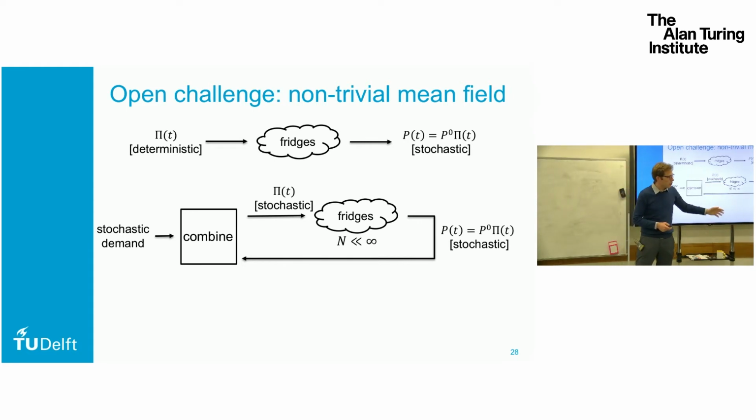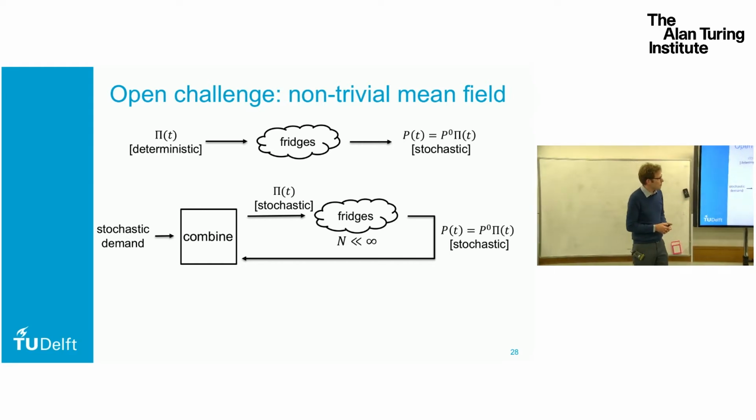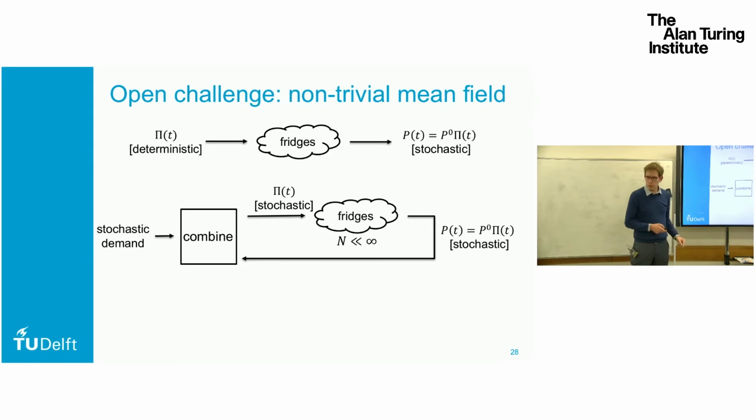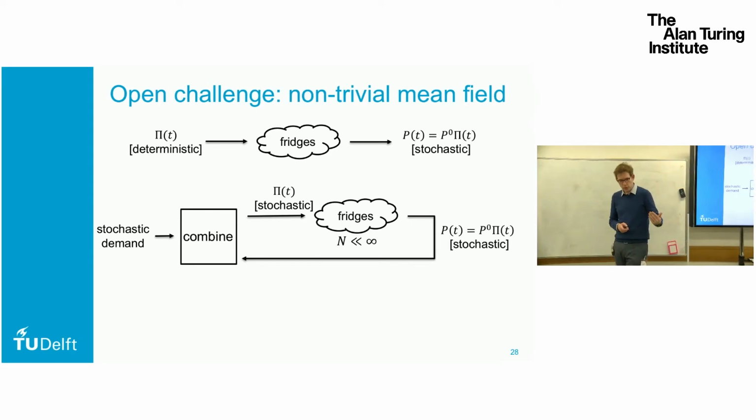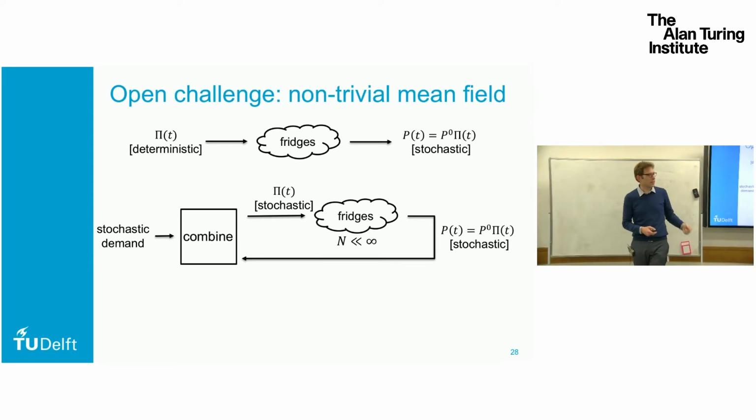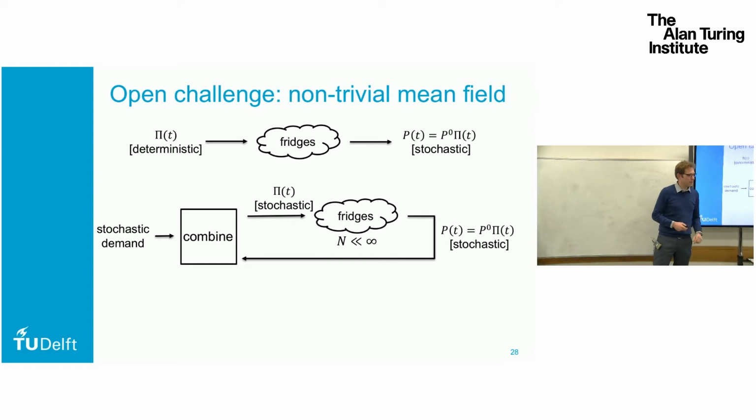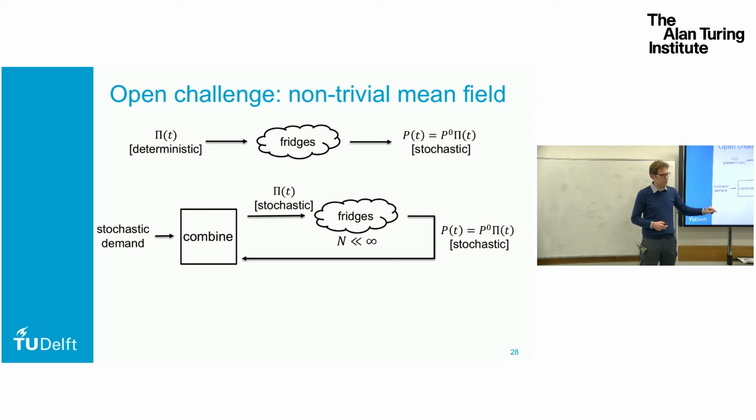The fridges respond, but they're not infinitely many, they're just many, and their response is also stochastic, and that in turn influences the balance of the grid, right? So we get this feedback loop of these stochastically responding fridges.